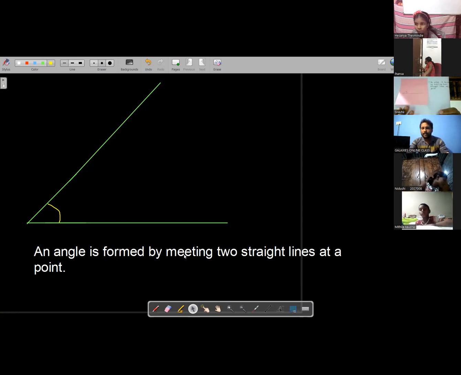Right, that's how an angle is formed. Okay, an angle is formed by meeting two straight lines at a point.